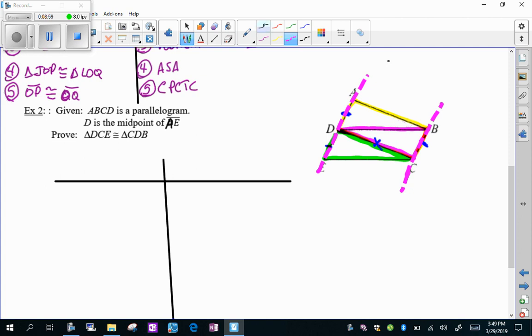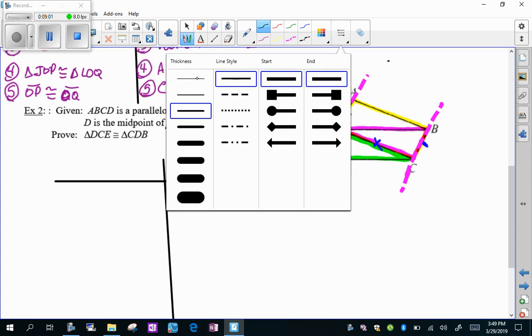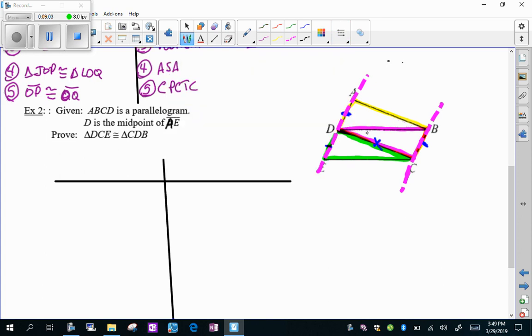So if it's a transversal, then I know that I have alternate interior angles. So I'm going to call this angle 1 and angle 2. All right, angle 1 and angle 2.